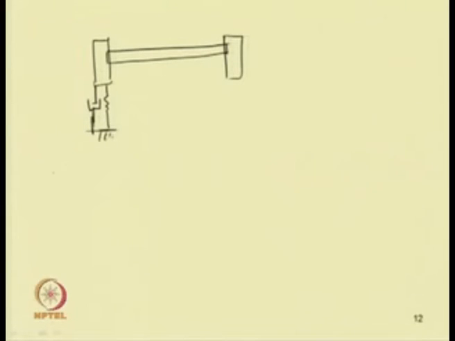So, if it is supported by some spring and damper, let this is K and this is C, this is stiffness and this is damping, and for this beam let this is mass M.